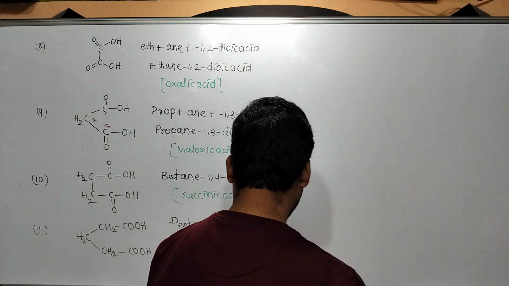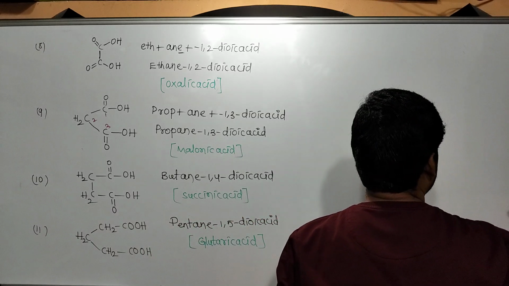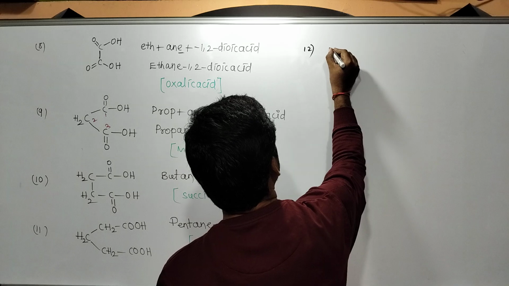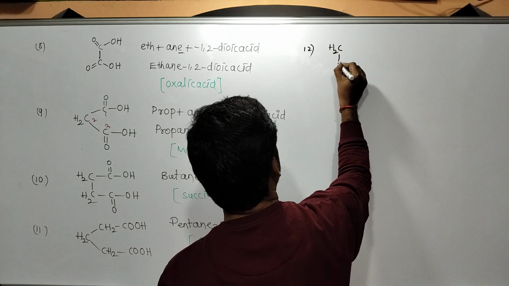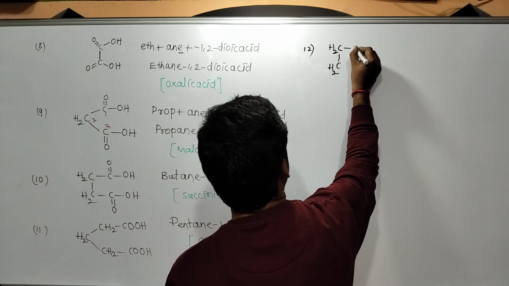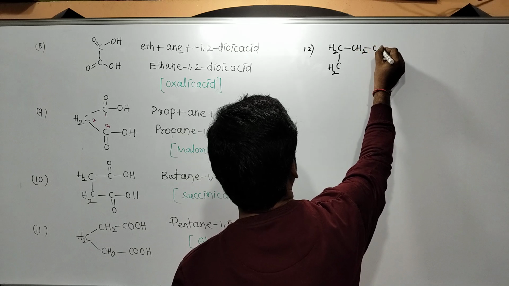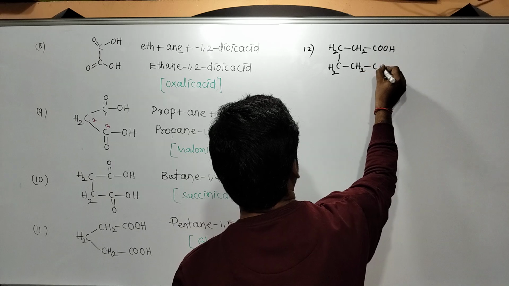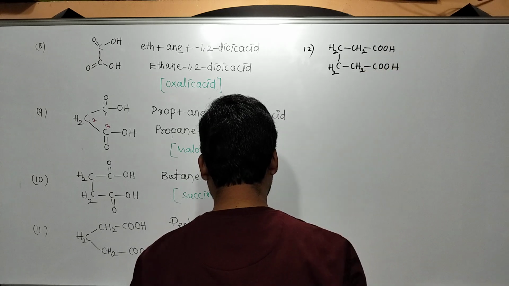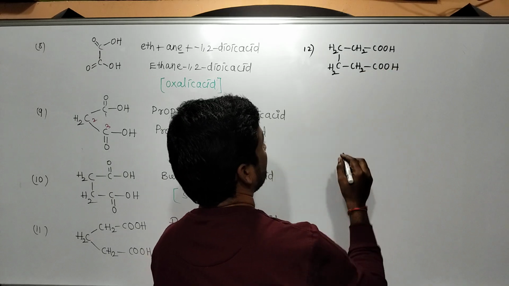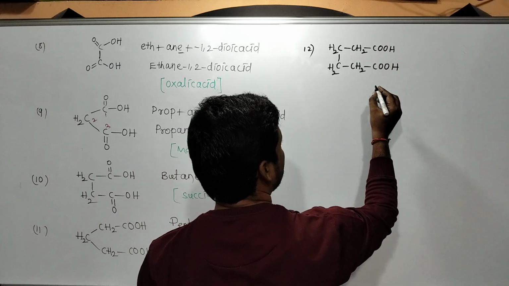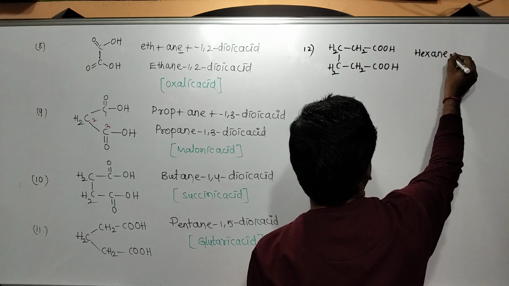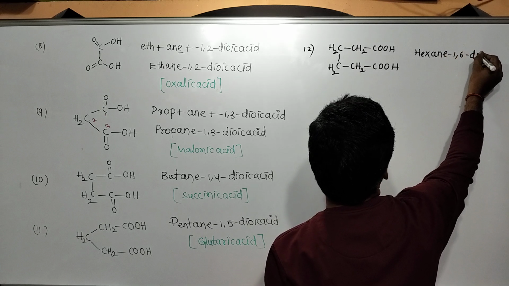Next, 6 carbon atoms. If 6 carbon atoms are present, then the root word is hex, ane, 1,6 dioic acid.